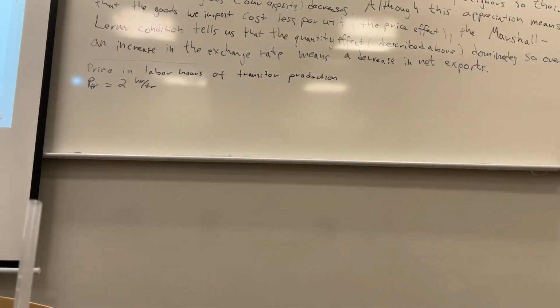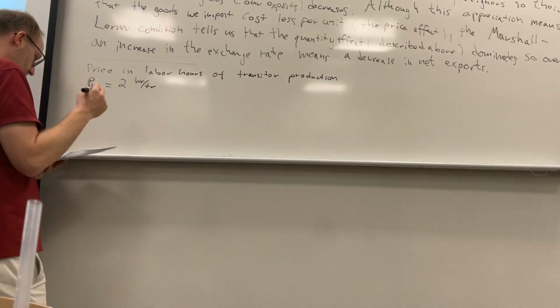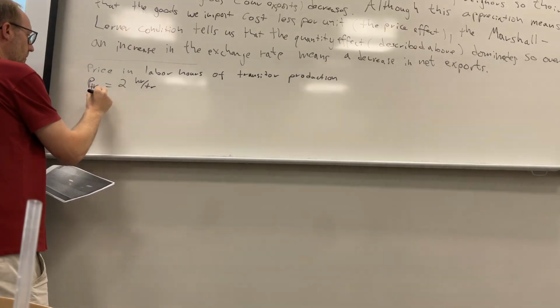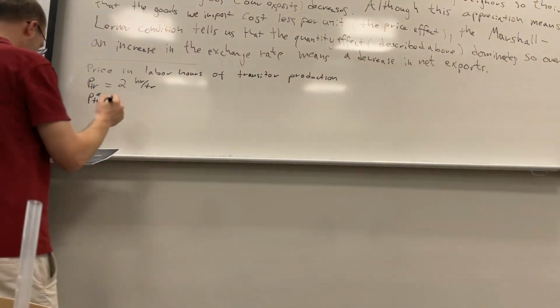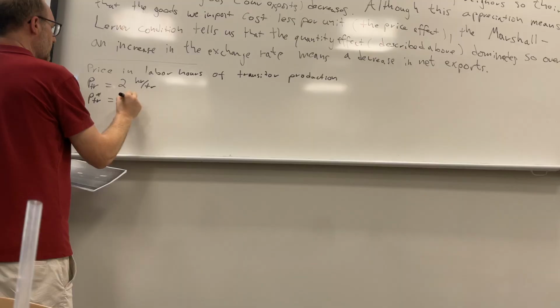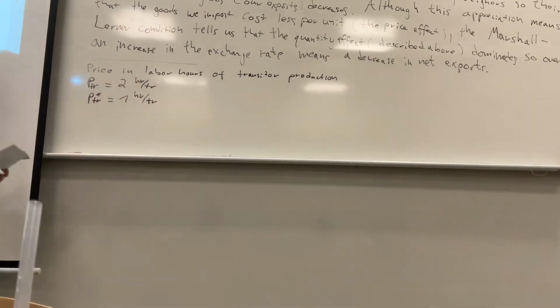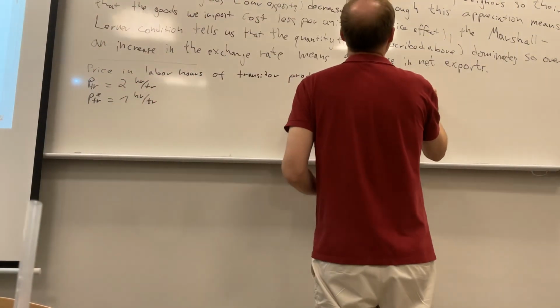So to produce a transistor, everything together was the equivalent of 2 hours of labor. And our competitor, Taiwan, only took the equivalent of 1 hour of labor to produce a transistor.